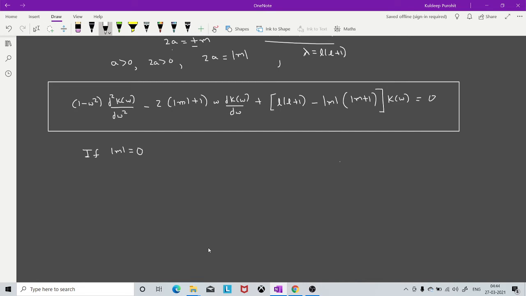Then this equation will look like this: 1 minus omega square d square k of omega, minus 2 omega d k of omega by d omega plus, and this term will go to 0 since mod m is equal to 0, L into L plus 1 k of omega equal to 0.